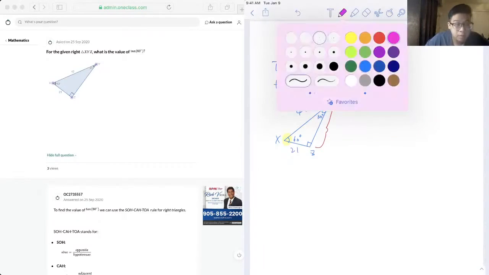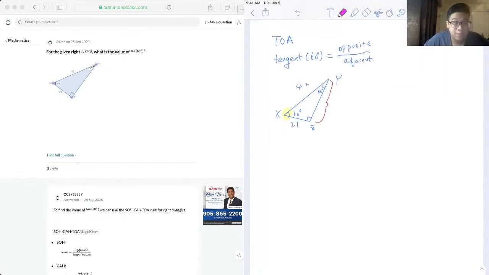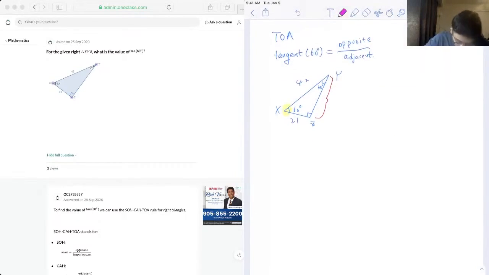So we apply the Pythagorean theorem. I'll write it down here. Apply the Pythagorean theorem, which is, I'll just write HYP as a short form of hypotenuse, squared is equal to base squared plus vertical squared.